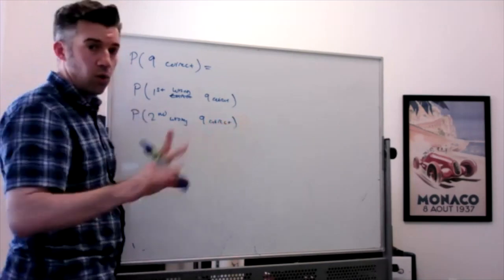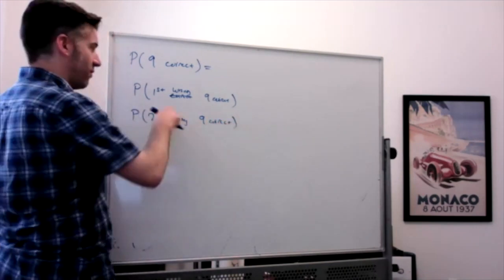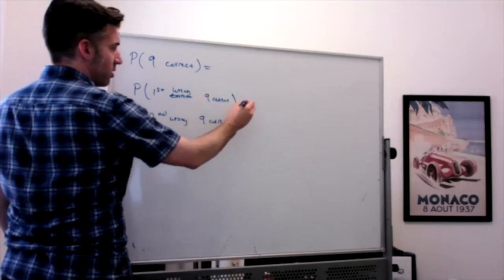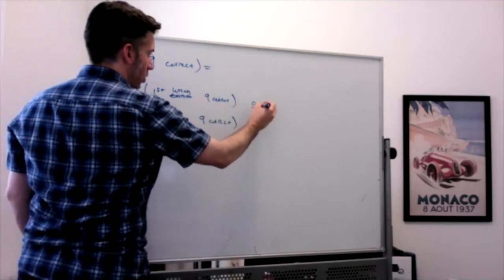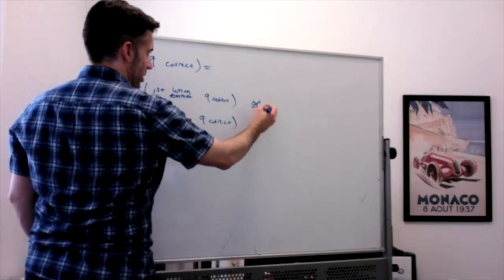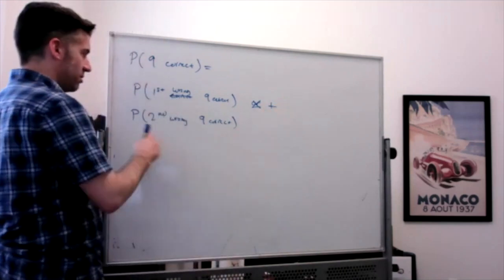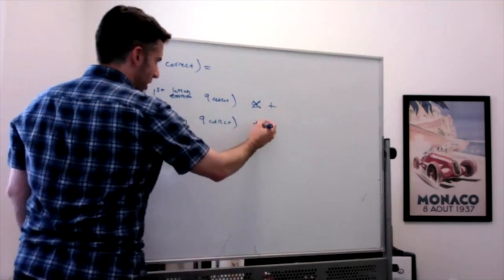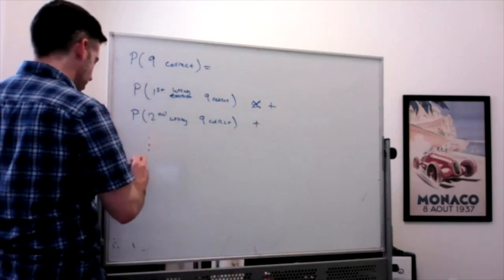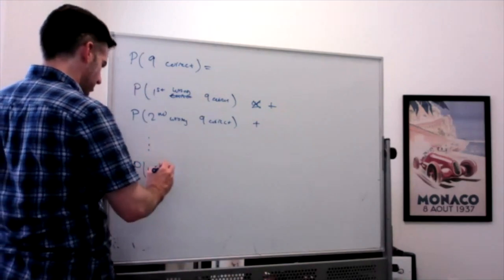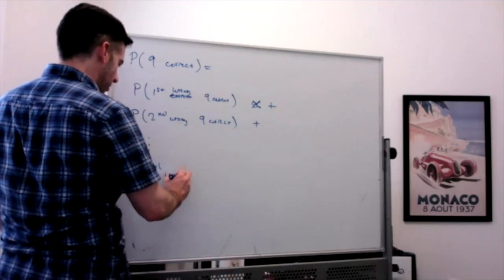Notice I said "or," meaning plus. So the first one wrong and the other 9 correct, plus the second one wrong and the other 9 correct, plus all the way down to the last one wrong and the other 9 correct.